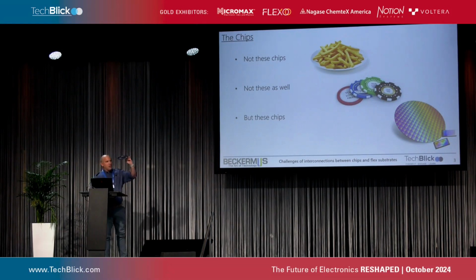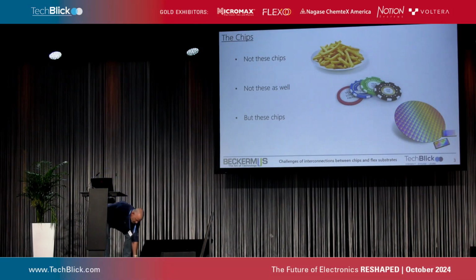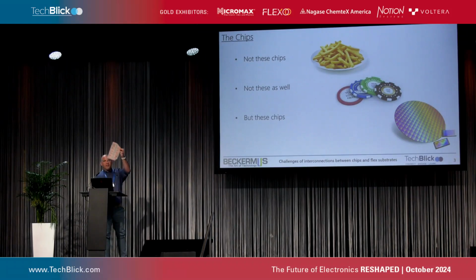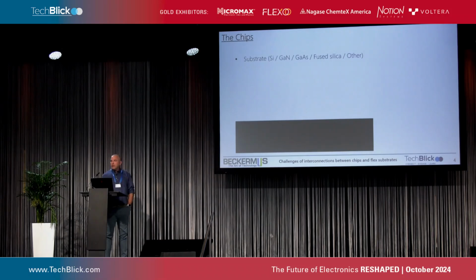And our job is actually to take one chip or several chips from different kinds of tapes or trays and put them onto a substrate like this, for example. This is PET with copper, and if somebody wants to see later on, we have several chips on it. So let's talk about the structure of the chip.